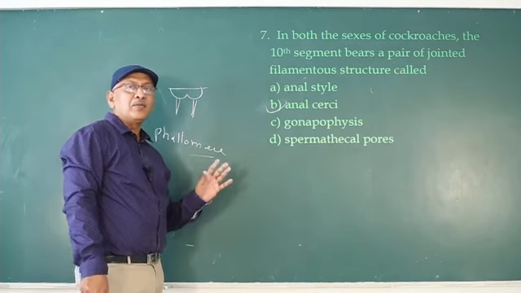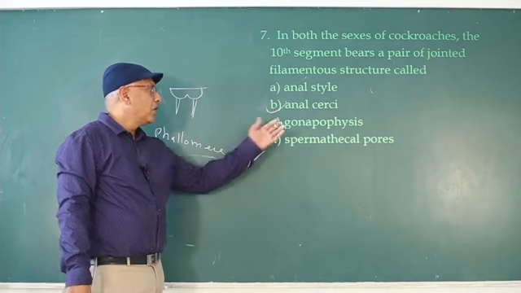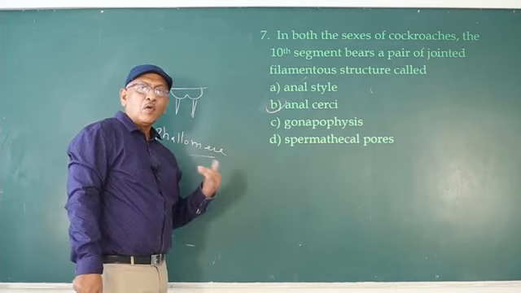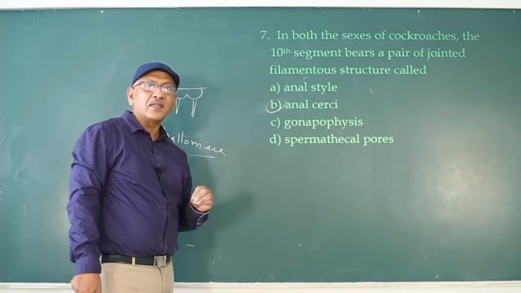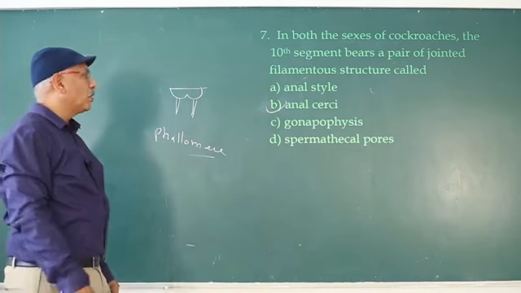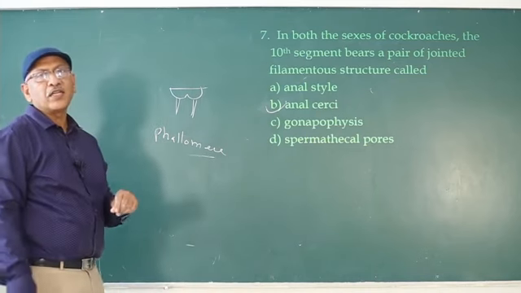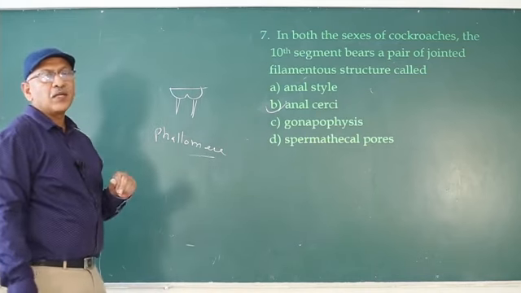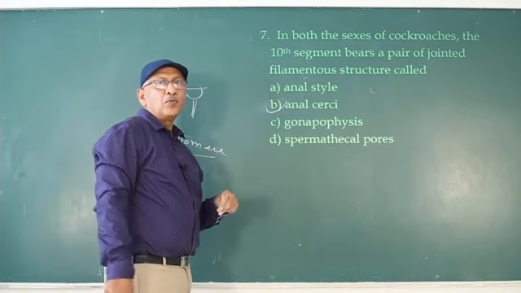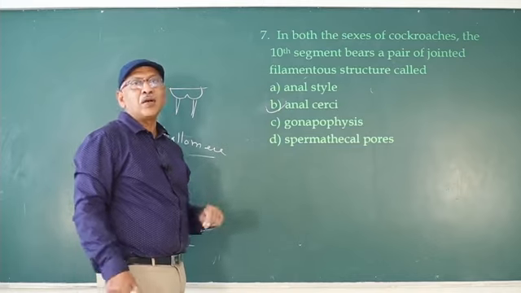Anal styles present in male, absent in female. In female, 6 gonophyses. Male, 3 gonophyses. What are gonophyses? Hook-like structures that help in copulation. So spermathecal pore. Actually, only one spermathecal pore. 2 spermathecae are present. These 2 spermathecae open on the brood pouch through a single or common aperture.